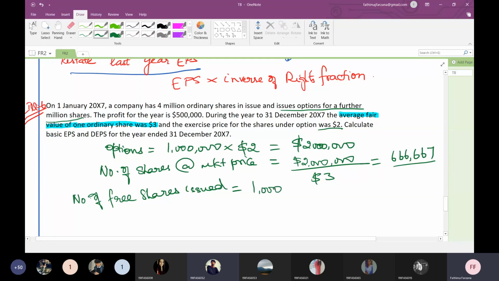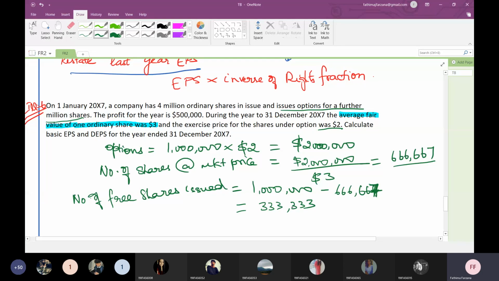So originally you are issued 1 million. See, actually you can buy only 666,667 shares. This number is always a problem for me. But you were issued 1 million. How many extra shares? So it is 333,333.